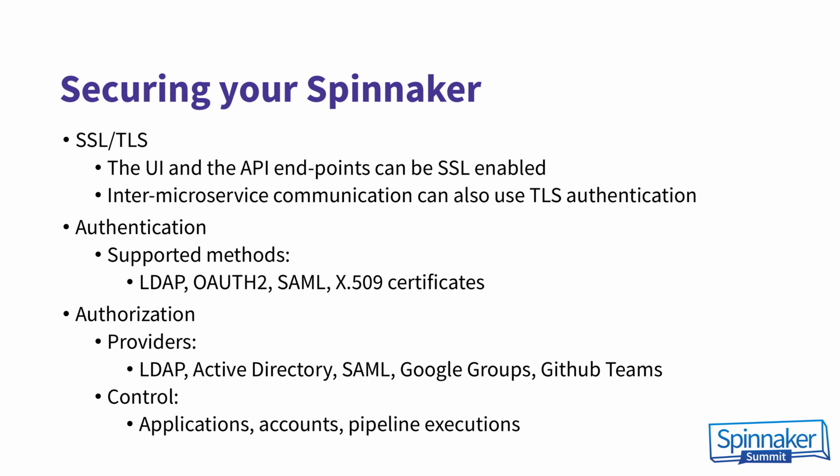You can enable SSL for the front-end endpoints, Gate and Deck, through the hal config security UI commands, okay? You can enable authentication. There was no authentication in my system. You enable authentication using hal config security authentication. Supported methods are LDAP, OAuth, SAML, X.509 certificates.